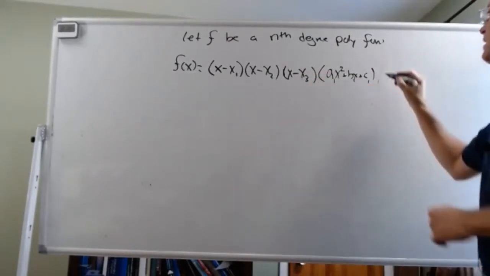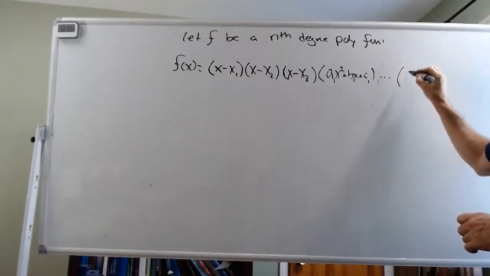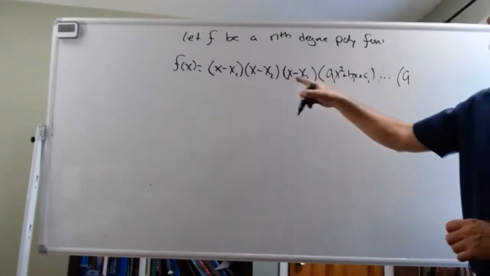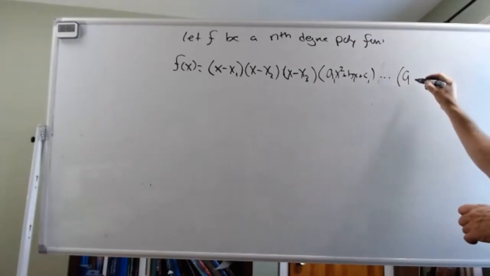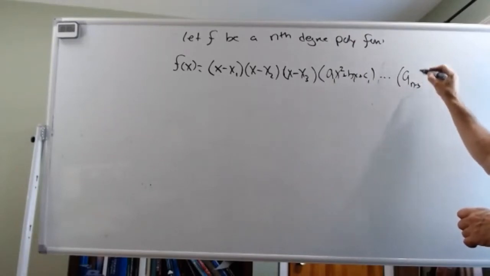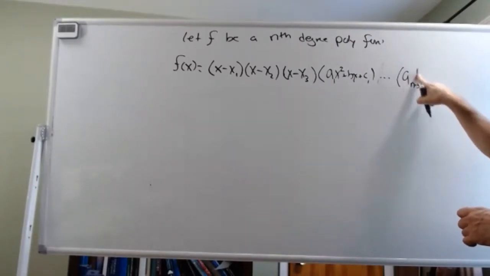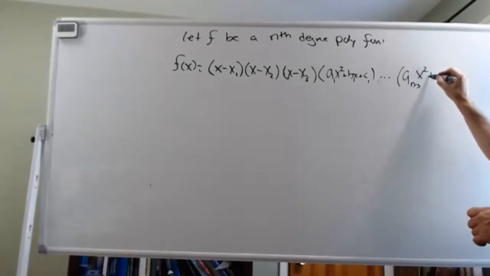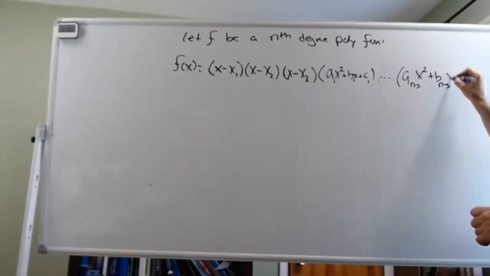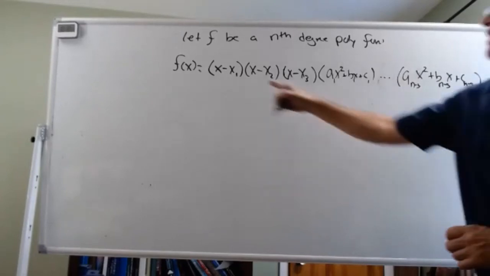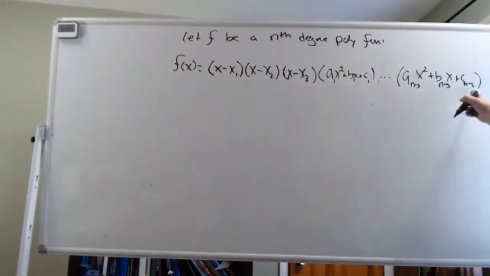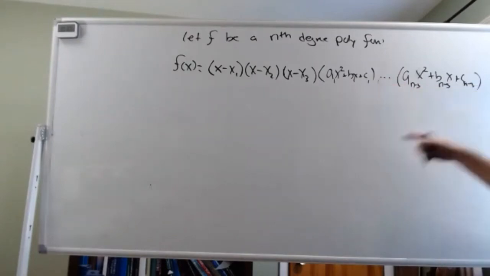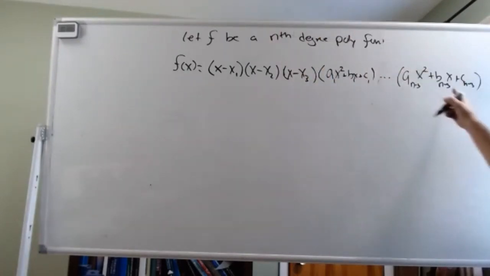Then you might have some more of these, or maybe that's what you have. You have a mixture of these things, maybe some a's, this is 1, 2, 3, so a(n minus 3) x squared plus b(n minus 3) x plus c(n minus 3). If I add these three to those n minus 3 of those, that would be nth degree.